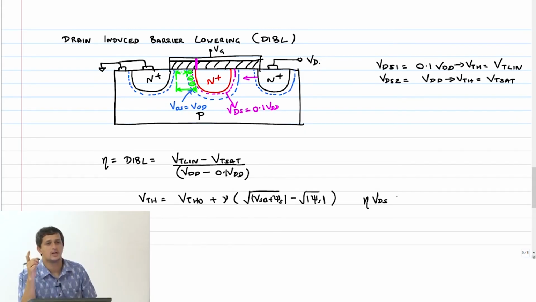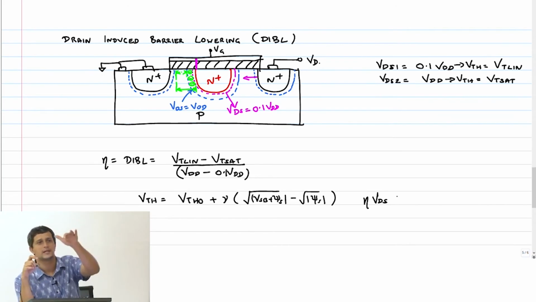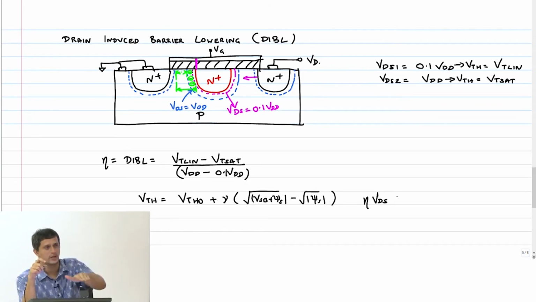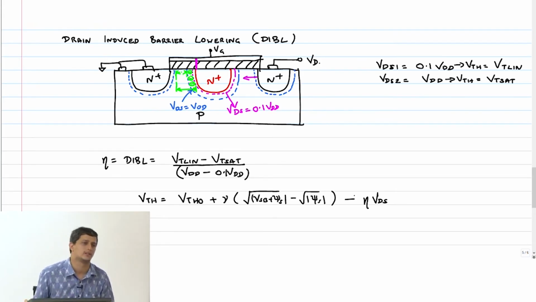The drain voltage is inducing a barrier lowering, and it's barrier because the energy bands actually drop, lowering the barrier, allowing more electrons to go through and all that. So what should be the sign here? It should be negative. Threshold voltage should decrease if my VDS increases.